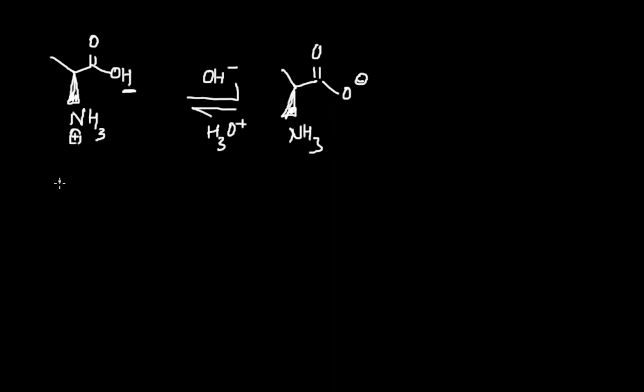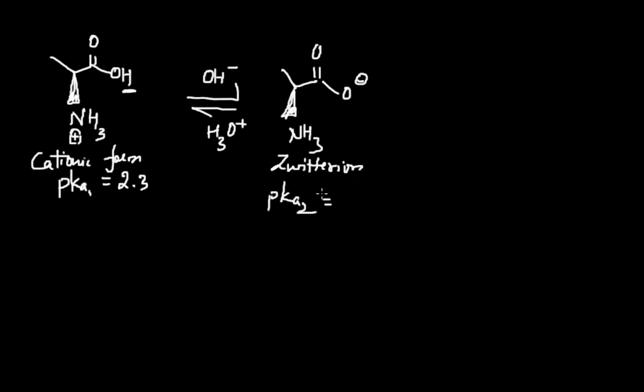So the pKa here is 2.3 for the cationic form, and the pKa2 of the Zwitter ion form is 9.7.